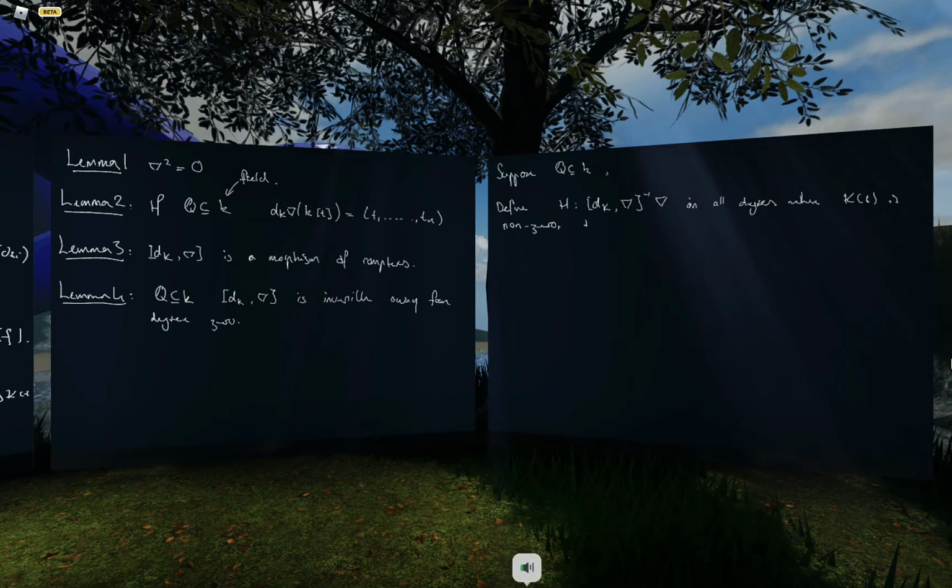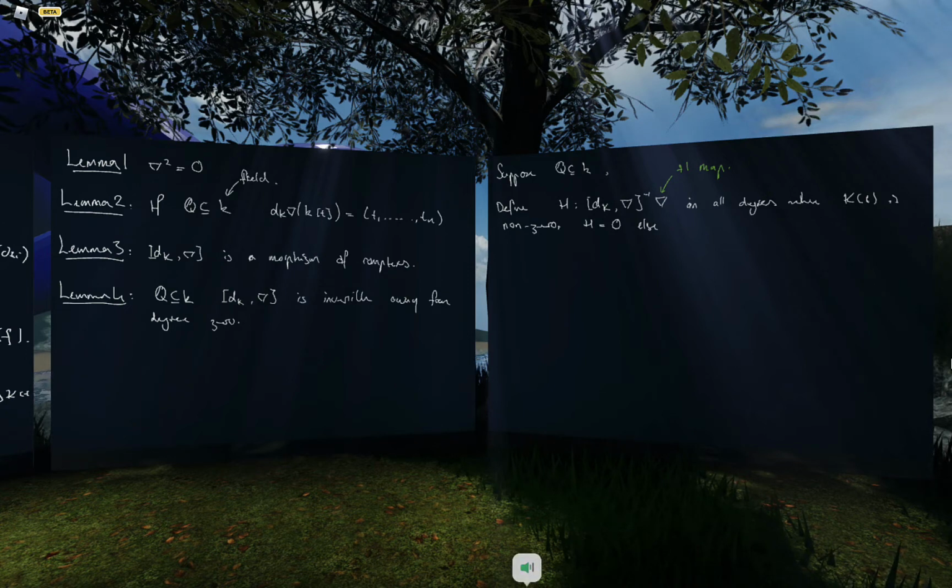And H is just zero elsewhere. And notice that this makes sense by, I think it was, Lemma 4 on the previous board, because this thing is a degree +1 map, right? So this inverse exists in all degrees that we need it to in order to define H.